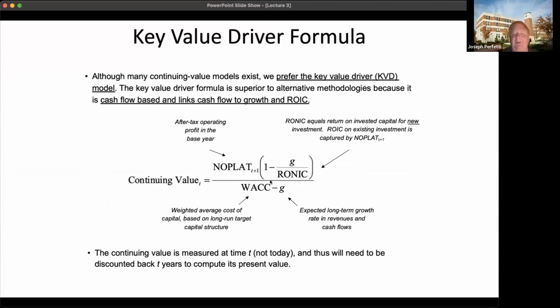That's the formula for continuing value. It's the key value driver equation. Okay, so just so I can reference this for you guys to see it, I am going to take a little screenshot of this key value driver equation. And I'm going to put it right here in our model.